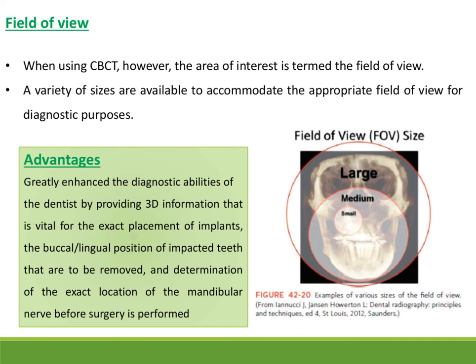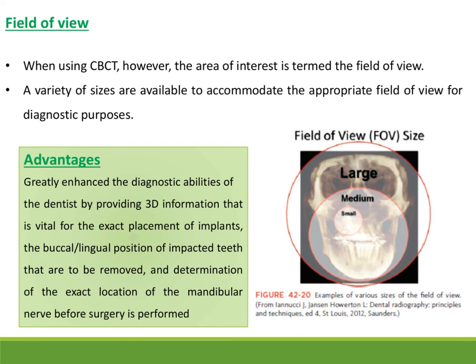So these areas are called field of view images. Okay. Field of view means the area where you want to see the structure. So some doctors will advise, I want a small field of view.